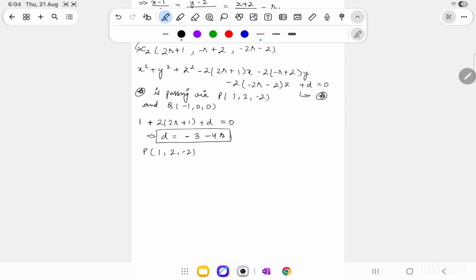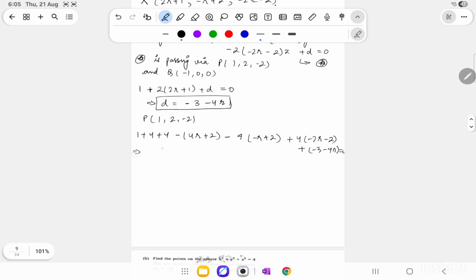If I just put the value of this in the equation of sphere, I'll get 1 + 4 + 4, minus 2(2r+1), minus 2(-r+2)(2), plus 4(-2r-2), plus d, which is -3 - 4r, equals to 0.